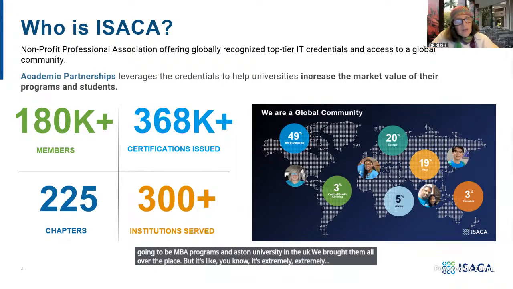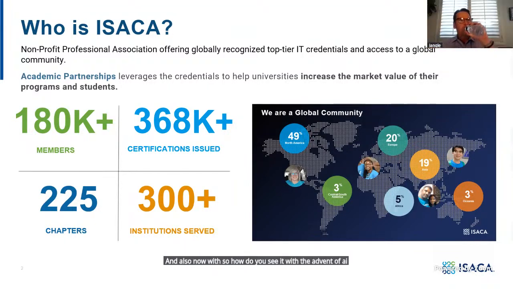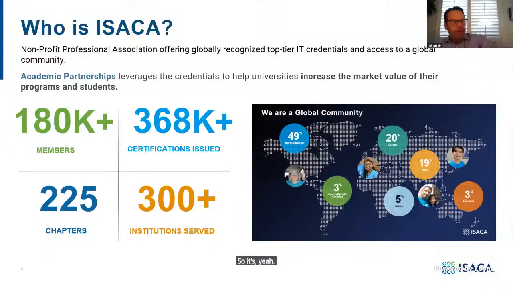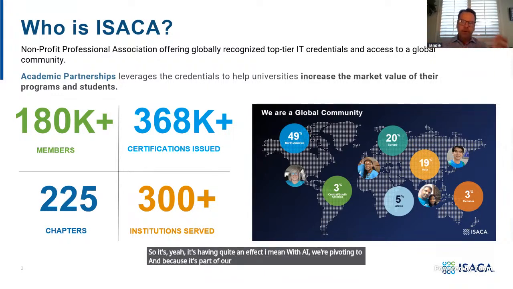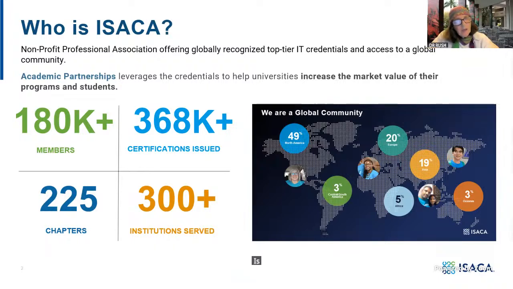Yeah, and also now, how do you see the advent of AI changing what you guys are doing, or what effect will it have? Yeah, it's having quite an effect. With AI, we're pivoting to, because it's part of our DNA around the governance, the risk, the compliance, the audit, is exactly that for AI.